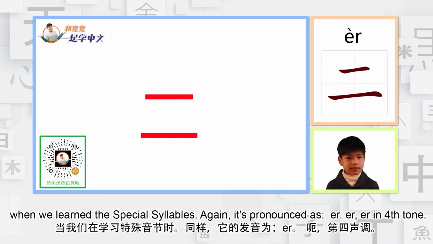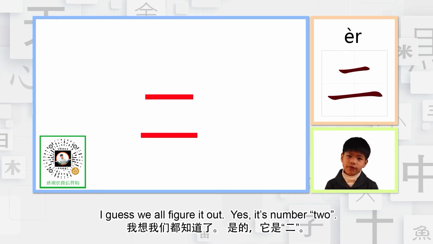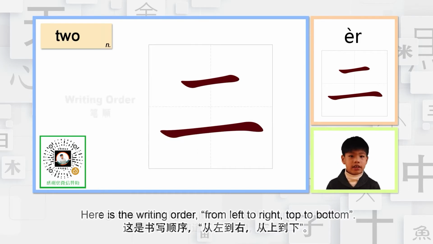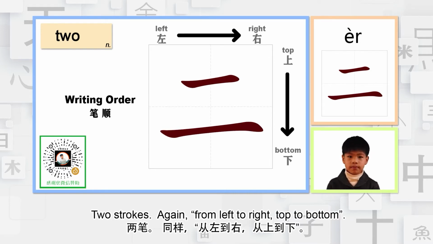Again, it's pronounced in fourth tone. The shape is 2 horizontal lines. It's also a number. I guess we all figured it out. Yes, it's number 2. Here is the writing order. From left to right, top to bottom, 2 strokes. Again, from left to right, top to bottom.